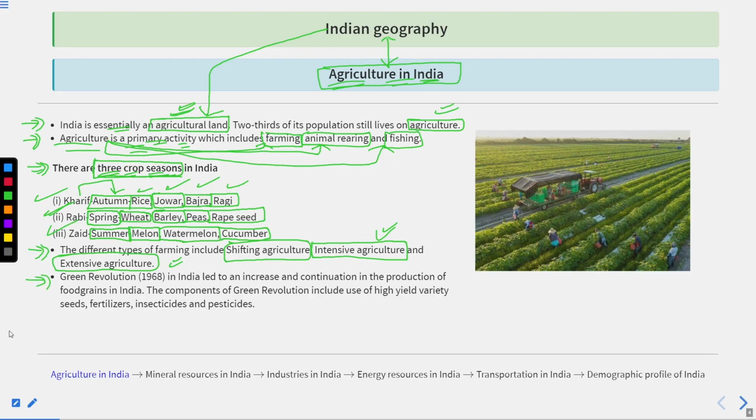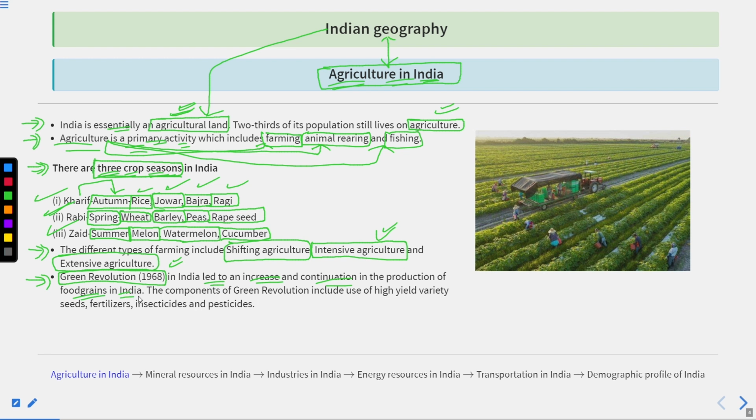Thereafter, we have the Green Revolution. The Green Revolution took place in 1968, and basically this was an initiative in India that led to an increase and continuation in the production of food grains in India.